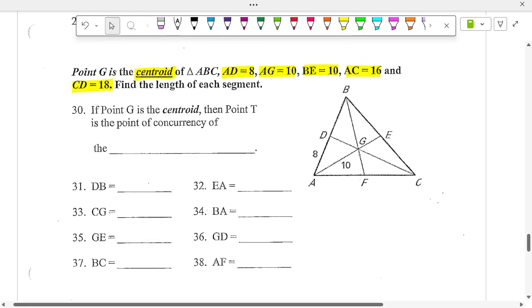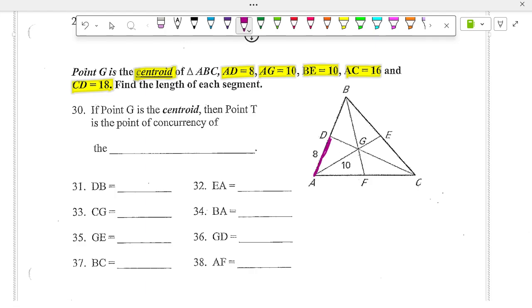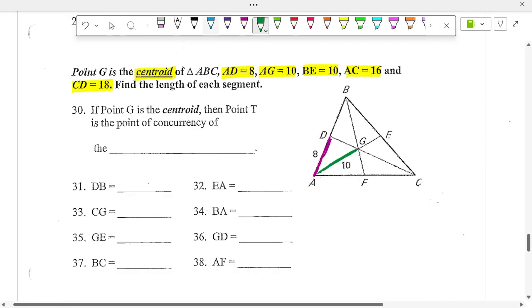So what I tell students is always go through, mark what you're given first. So AD, they already marked for us. They said that's 8. AG, they said that's 10, which they already marked for us. BE, that is also 10.